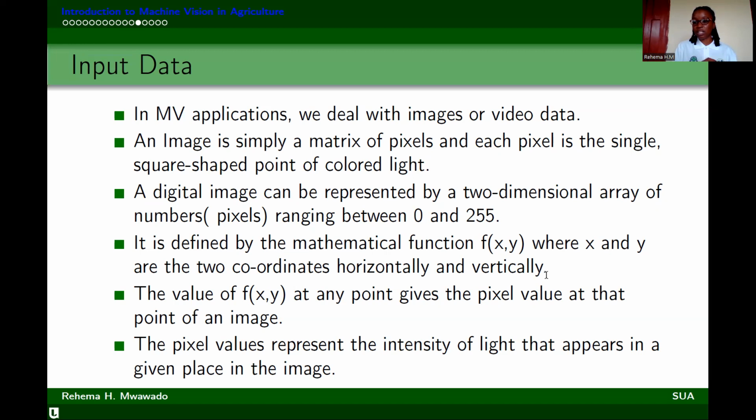So you really need to understand that a digital image in a computer is represented by a mathematical function f of x and y, and the value at a certain point gives you the value of that pixel, which is the intensity of light that falls on that part of the image. This is really important when you're dealing with inputs to your model, because sometimes you need to resize your images according to the requirements of the model.